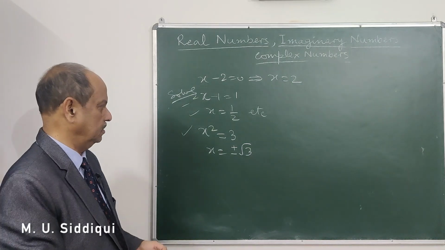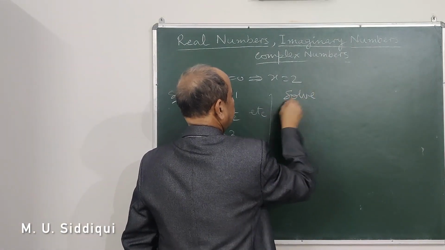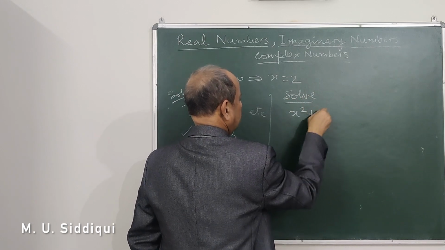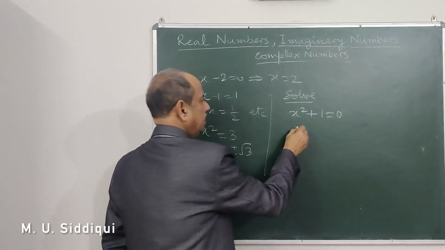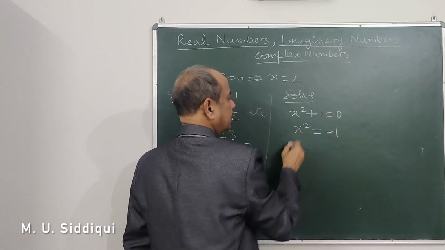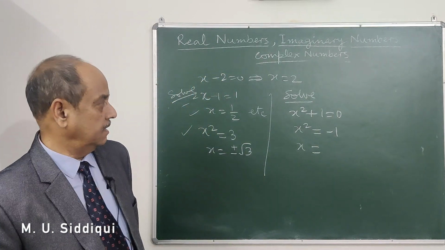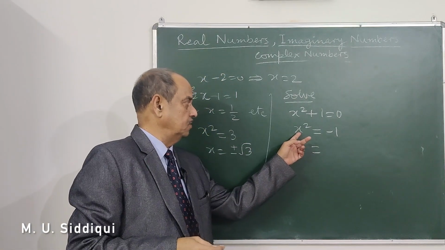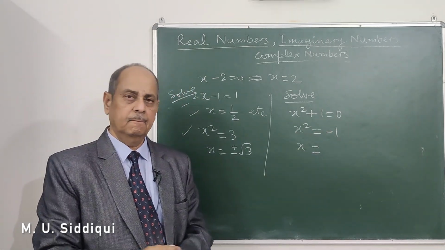This much we have seen. Now we are talking about a situation. What happens when you say solve x square plus 1 equal to 0? You get x square is equal to minus 1. What are the possible values? You have to think what number put in place of x should make x squared minus 1.